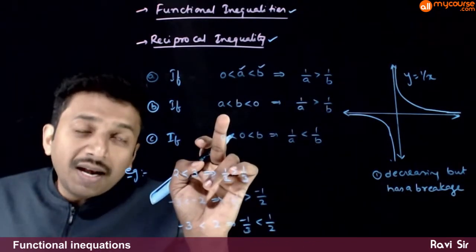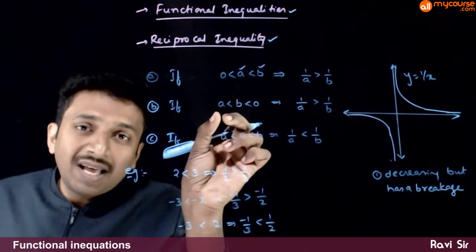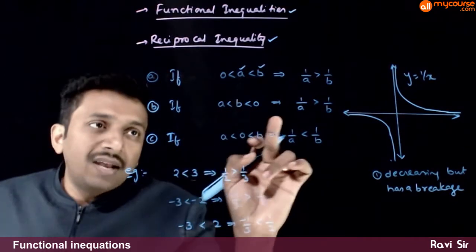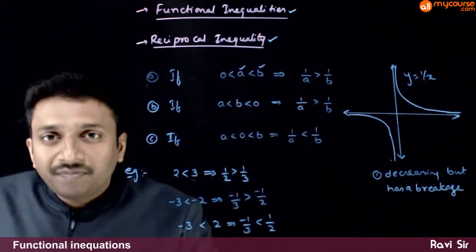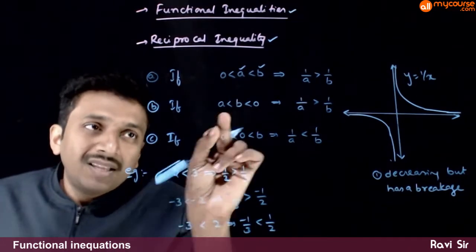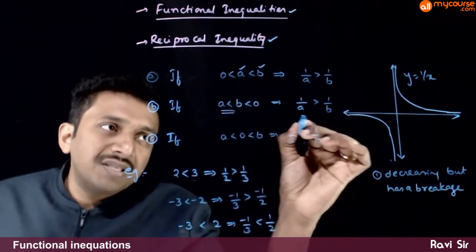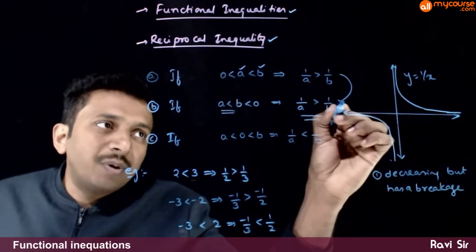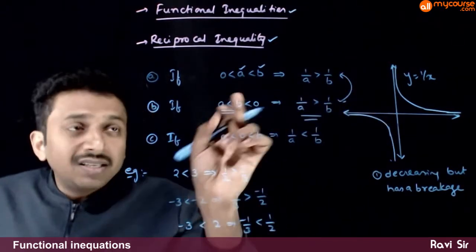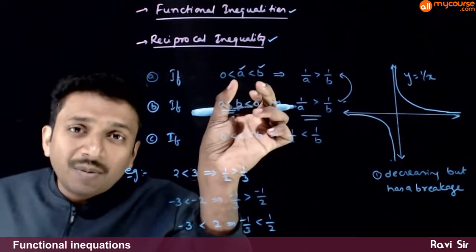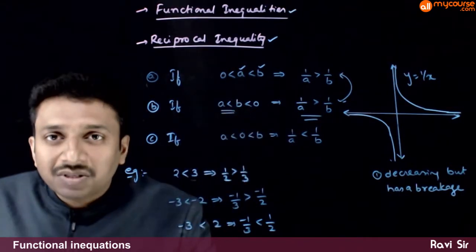And if a and b are both negative numbers and a is less than b, then 1 by a will be greater than 1 by b. That is, the sign of the inequality reverses when you do reciprocal. This is valid if either both are positive numbers or both are negative numbers.